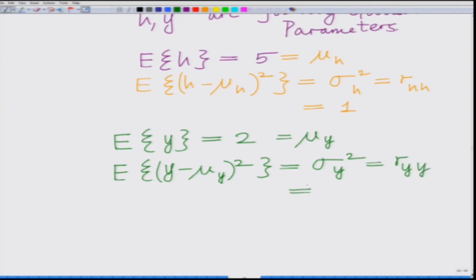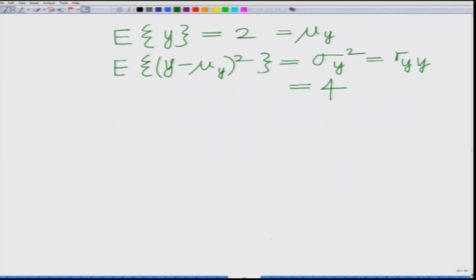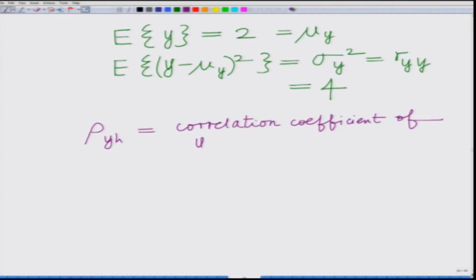Let us say this is equal to 4, sigma y square equals 4, which means sigma y equals 2. Now, let us say the correlation coefficient rho of y comma h is 0.8.